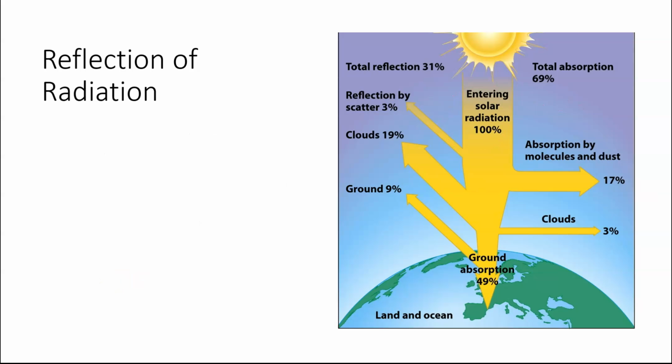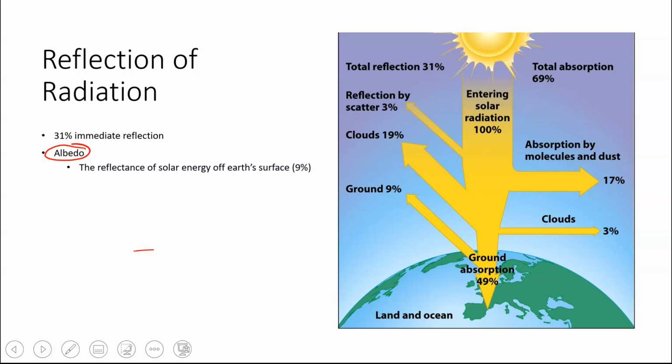All right. Now, as that sunlight hits the atmosphere, about 31% of it is immediately reflected before it really gets very far into the atmosphere to warm anything up. There's scattering effects of little particles in the upper atmosphere. Clouds reflect some of it. The ground directly reflects some of it. Now, the reflectivity of a surface is referred to as that surface's albedo.